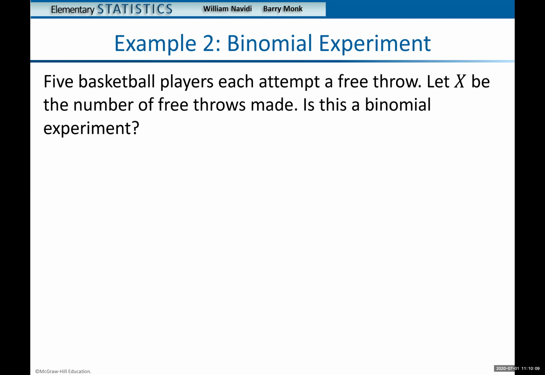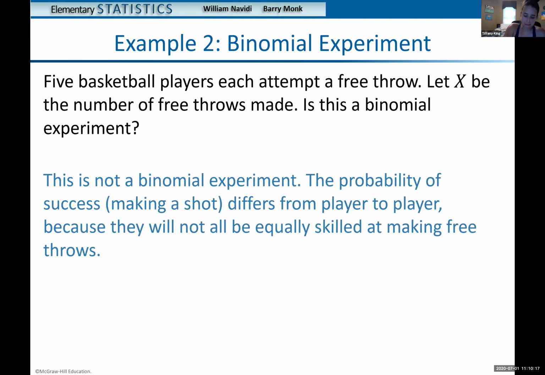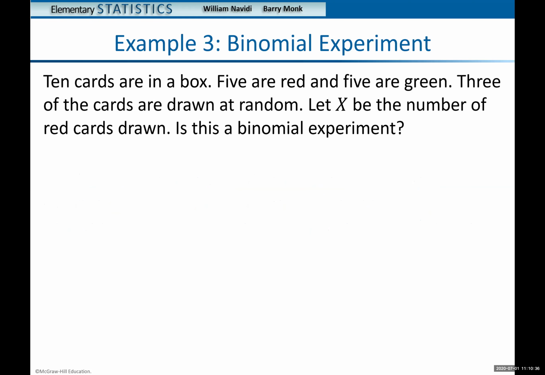Yes or no? No. This is not a binomial experiment because the probability of success is different from player to player. Making a shot, unlike heads, is not always going to be 0.5. They will not all be equally skilled at making free throws. So that is not a binomial experiment.